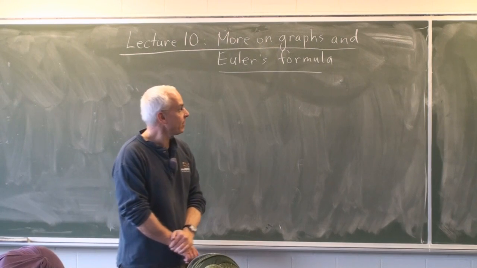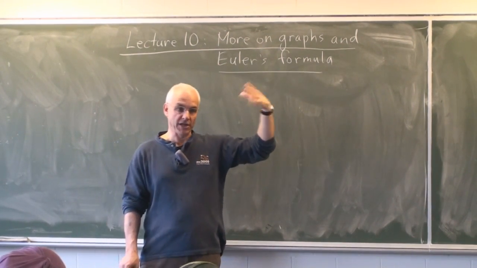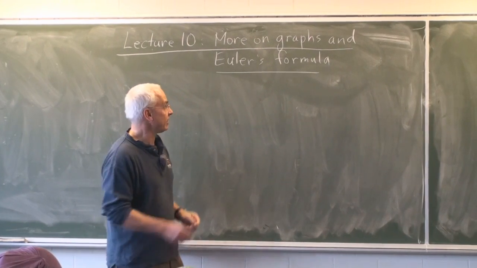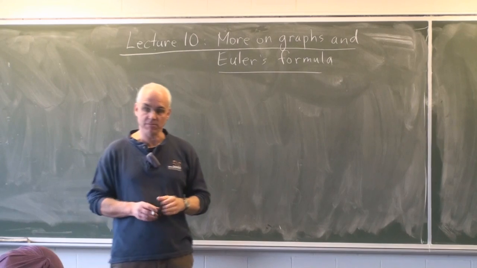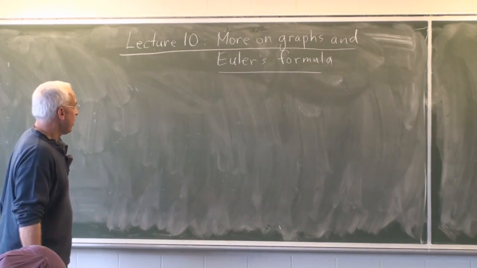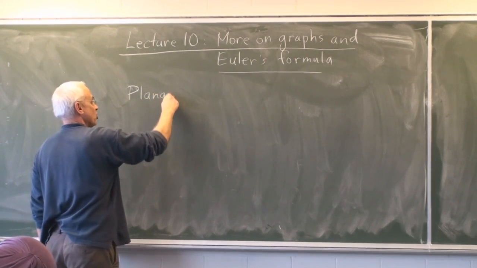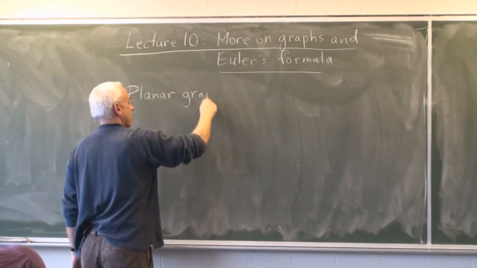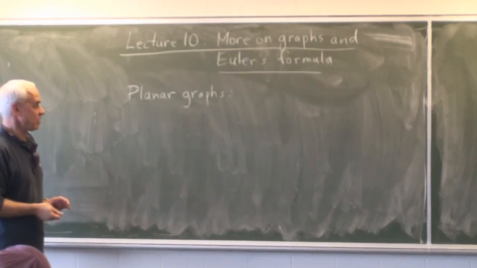I'm Norman Wildberger. So last time we talked about Euler's formula, both in the context of polyhedra and then a little bit on graphs. Today we're going to carry on with more applications of this formula, mostly to graphs, planar situations. So let's talk a little bit about planar graphs, which we talked about in the Euler's formula situation.